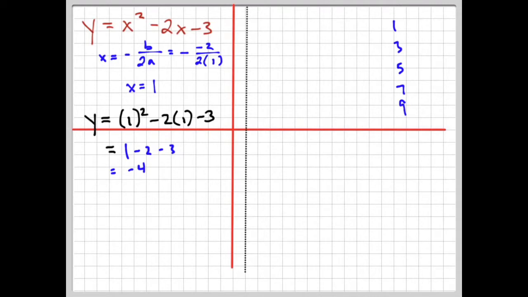So that means we go over 1, up 1, over 1, up 3, over 1, up 5, and so on. Everybody good? Through the process we used in 10.1. Yes, same thing we did in 10.1.